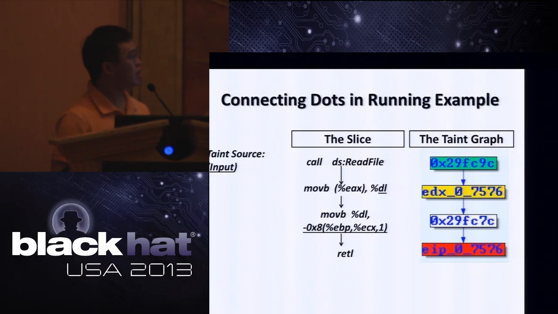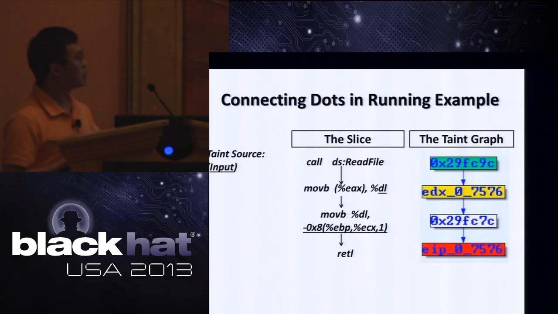Each node of the taint graph represents a byte, either a memory location, or 1 byte in any register. And we also encode the registers with thread information and sequence information. And we use different colors. The green color, we usually use to represent the taint source. We use red color for the sink.